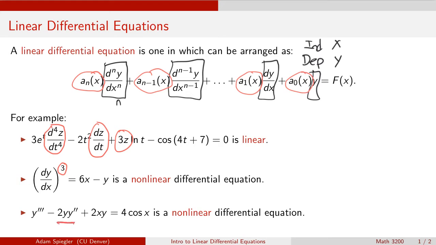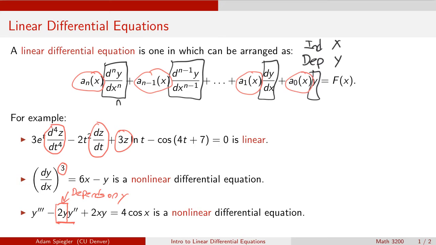So we have a second derivative of y, but the expression in front of it depends on y. And for a differential equation to be linear, the only thing that can be multiplying a derivative of y should be some expression that doesn't have y's in it. So this one would violate that.